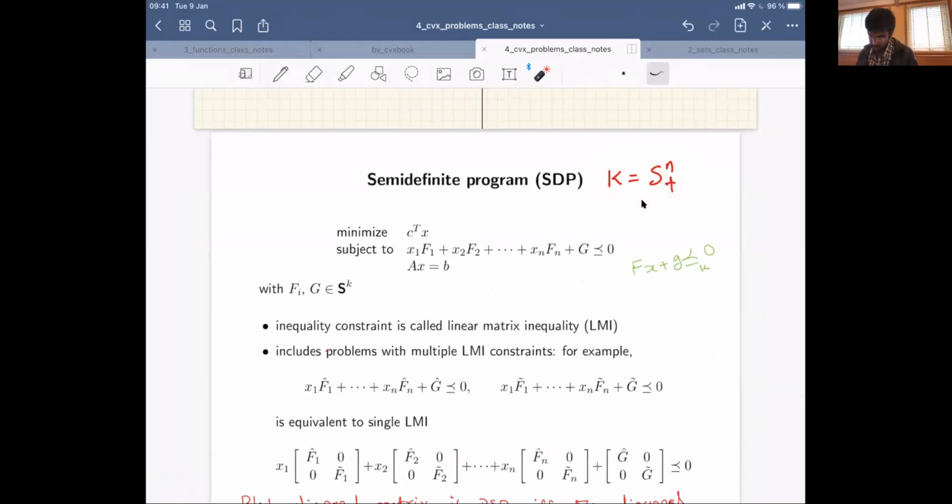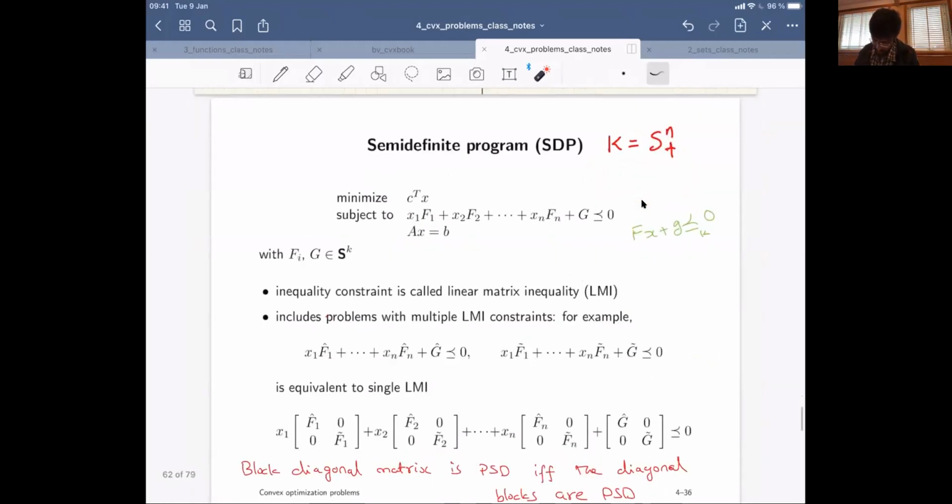So how do we write this? Again, minimize an affine function c transpose x, and we have this affine equality. There is no change, but here, what we had in the conic problem was an inequality defined with respect to cone K. Now I'm using a particular cone, the PSD cone, which is used to compare matrices.